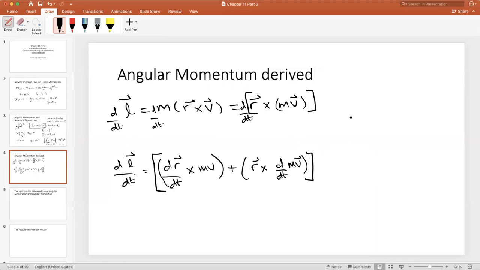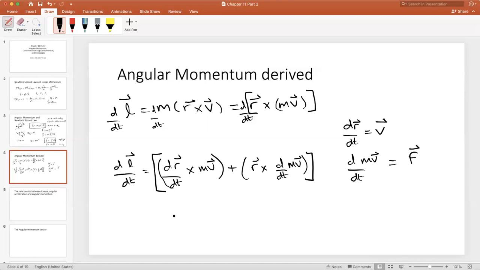Okay. Now, a couple things to note, that dr/dt is v. Secondly, that d(mv)/dt is simply the force.